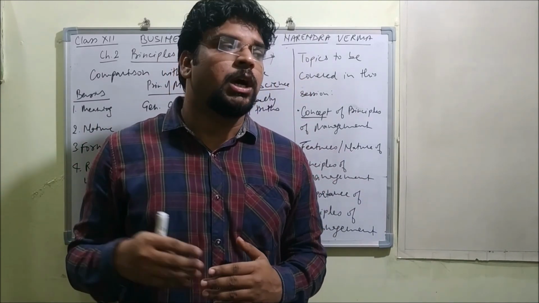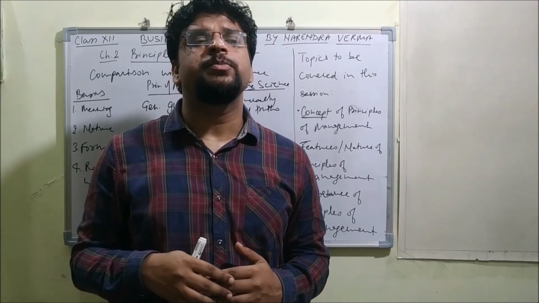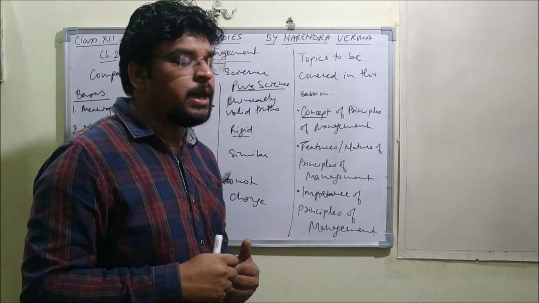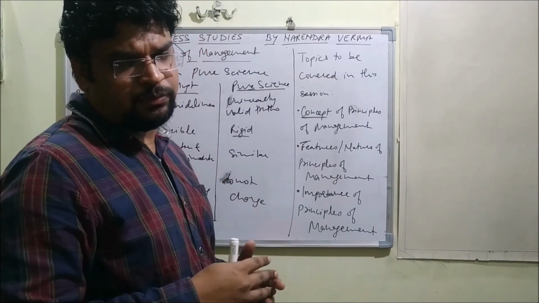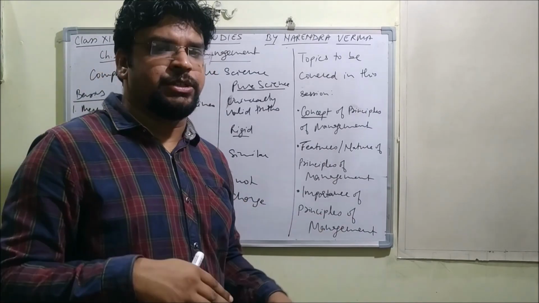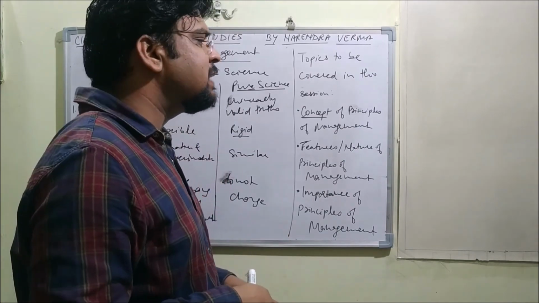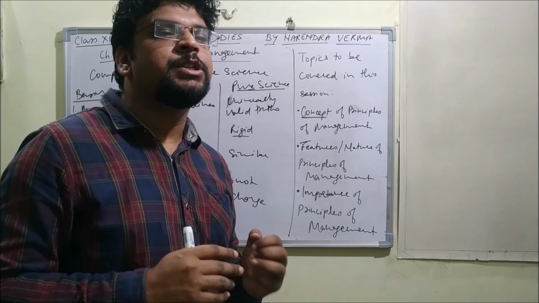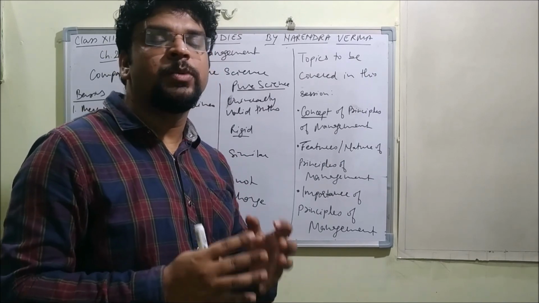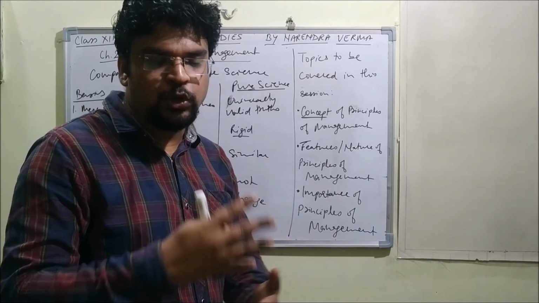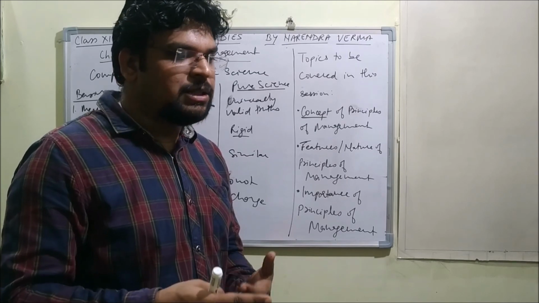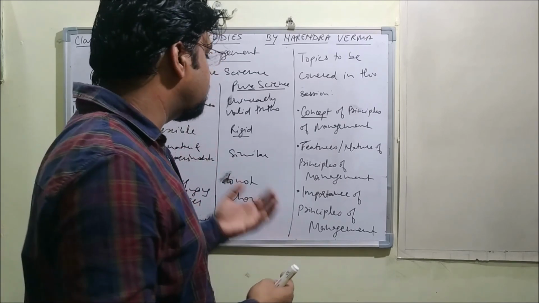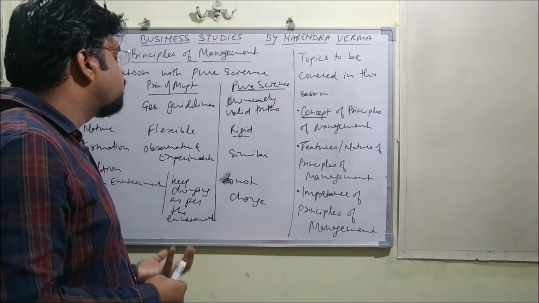So principles of management are dynamic and keep on changing as the environment changes. One more reason is that they are related to human behavior. Principles will be applied on human beings who actually perform, and human behavior is unpredictable and keeps on changing. That is why principles of management also keep changing.